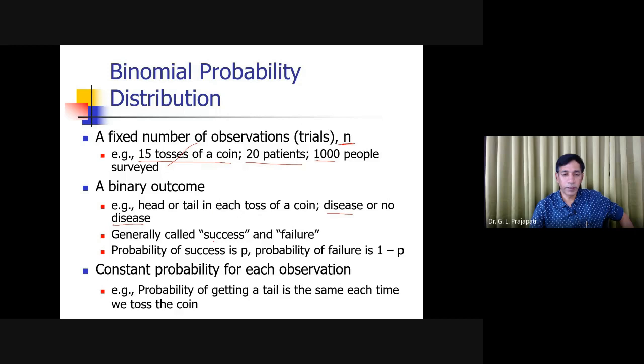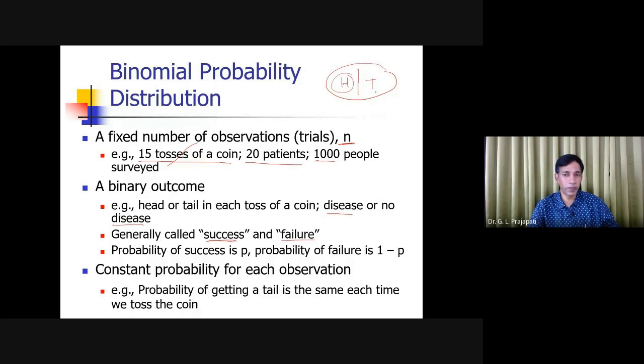So this is generally called outcome is 2, means binary, and we sometimes call it success and failure. Probability of success is p and probability of failure is 1 minus p. You have only two outcomes, one is the head and one is the tail. So if head is not coming, then tail is coming.